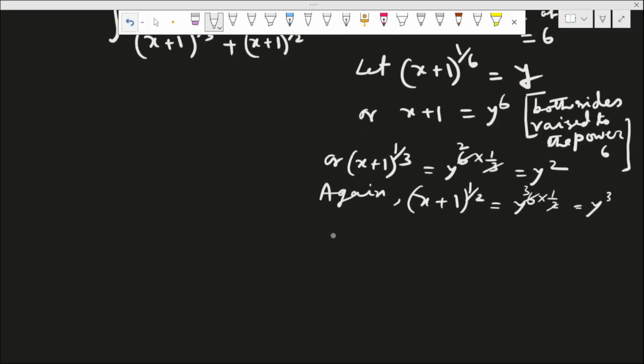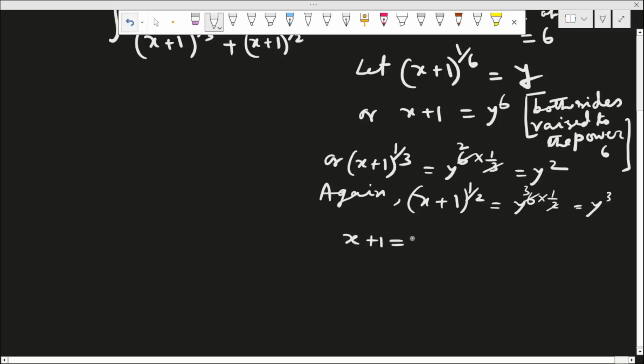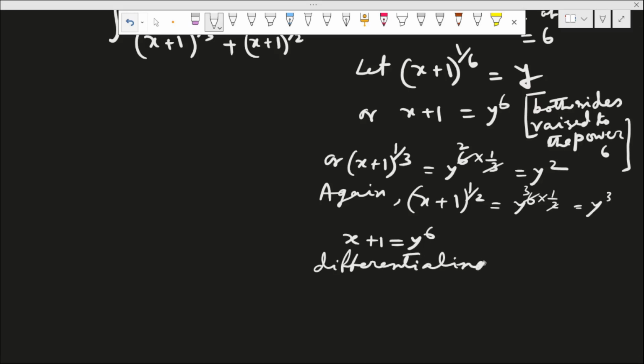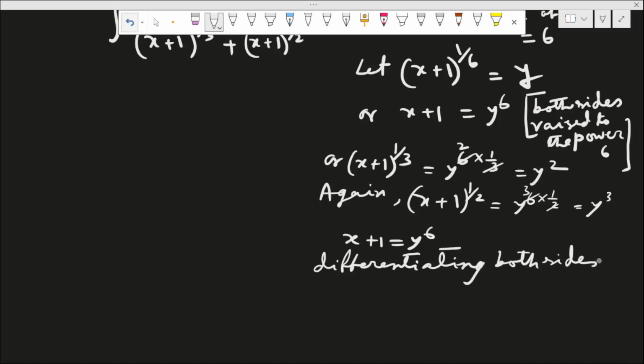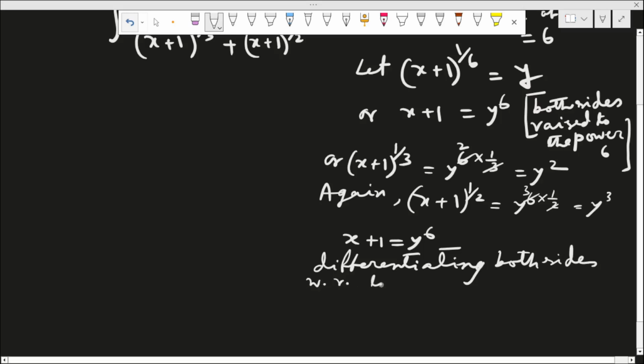Another thing is we will find dx. Differentiating, writing again x plus 1 equals y to the power 6, and differentiating both sides with respect to x: differentiation of x is 1, of 1 is 0, and of y to the power 6 is 6 y to the power 5 dy by dx.